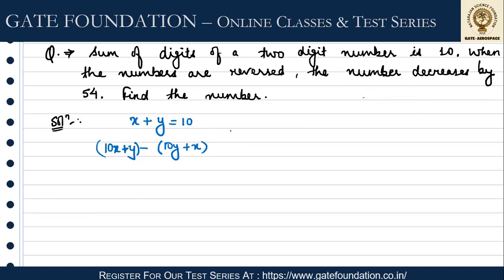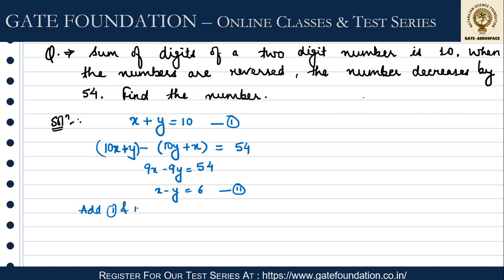So this difference is given as 54. Let's say this is equation number 1. Now if you solve this, it becomes 9x minus 9y equal to 54, or x minus y equal to 6. This is your equation number 2. I got equation number 1 and equation number 2. You can add them, you can subtract them. Let's add them first.